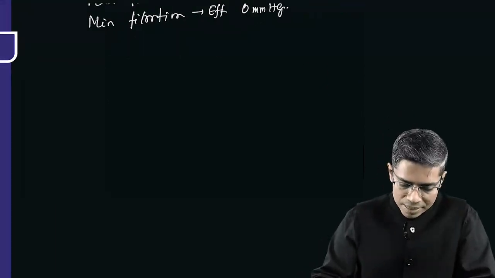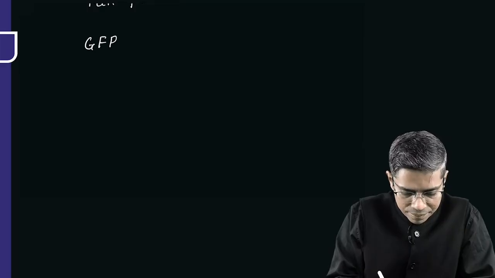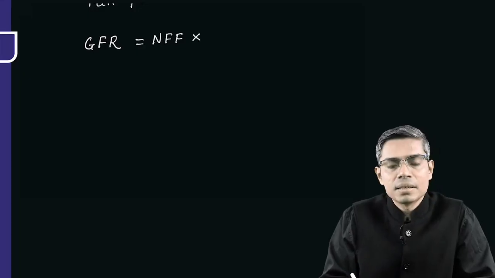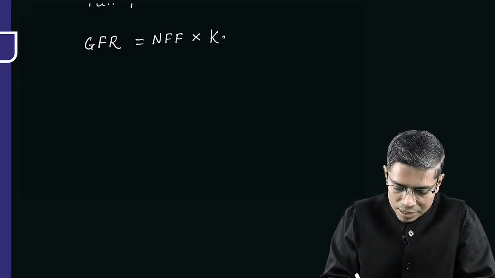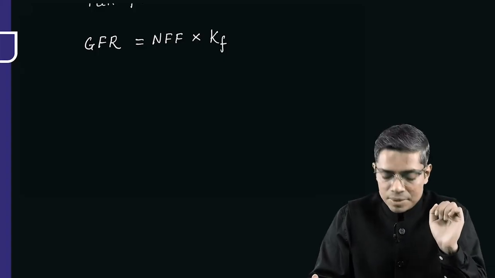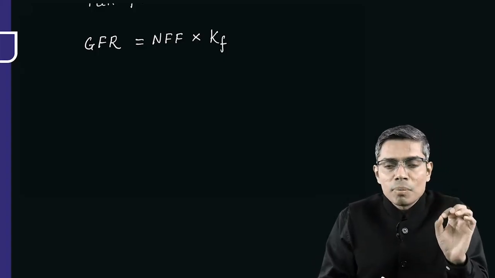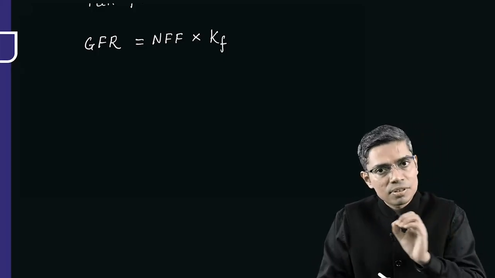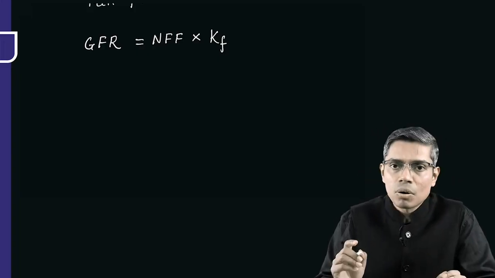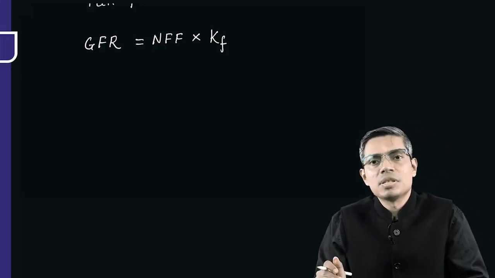Now you know that GFR is the net filtration force multiplied by a constant that is known as Kf, the filtration coefficient. So what I am saying is that normal GFR is equal to net force of filtration multiplied by Kf. Kf is a constant. I have to derive the value of this constant.